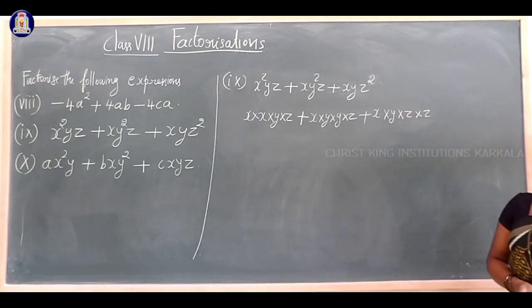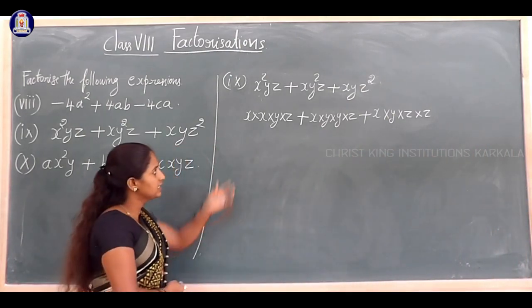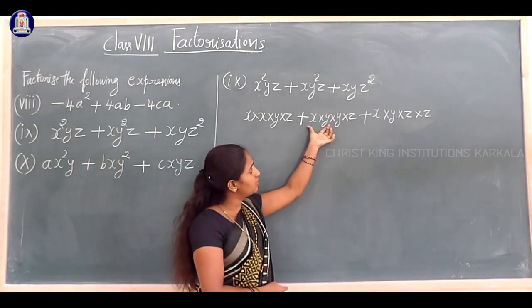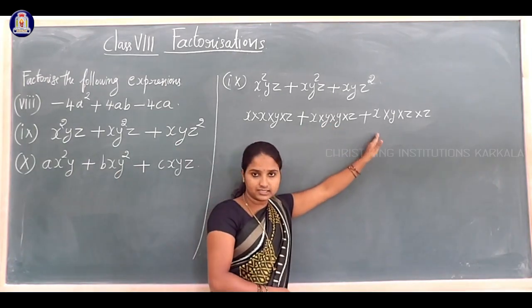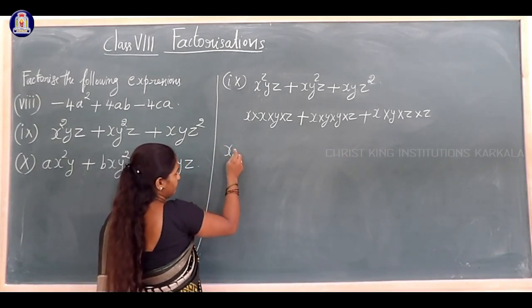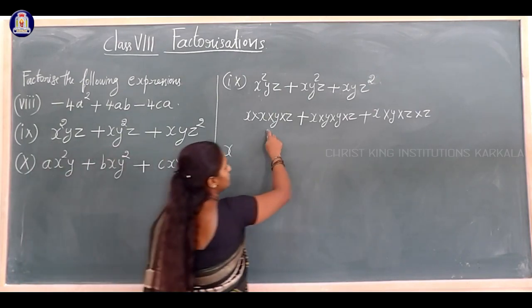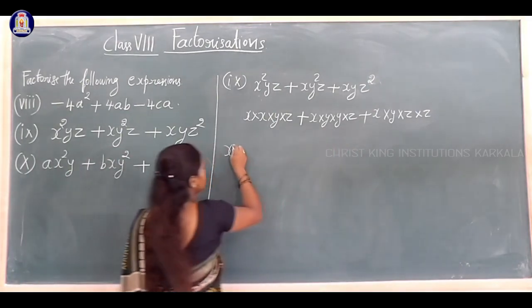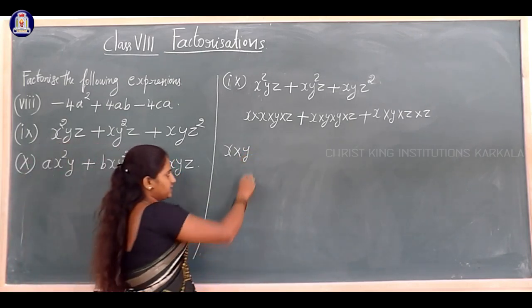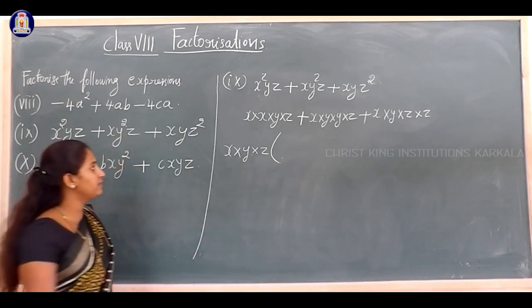Here if you observe the common factor, the same factor in these three terms. Here we can see x, in this term also we can find x, and in the last term also there is an x variable. So take x outside because that is a common factor. And y is common in these three, so you can write y also. Next, is there z? Yes, z is also common, so take it outside. What are the remaining factors?